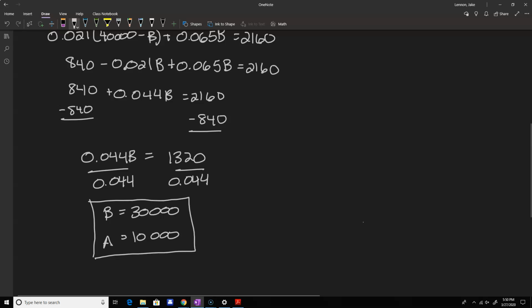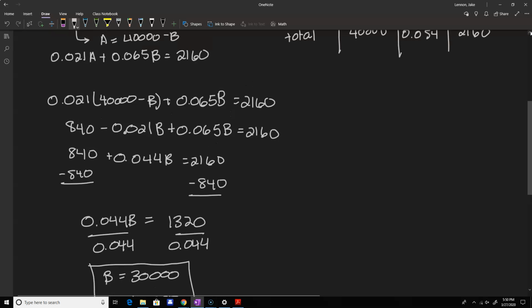So that's the mixture. Again, we can do the check here. How do we check that? We go back up and check it in the 0.021 equation.